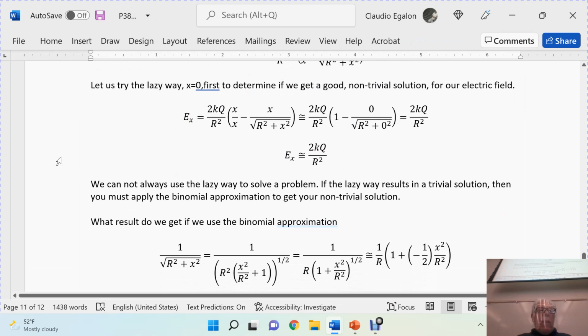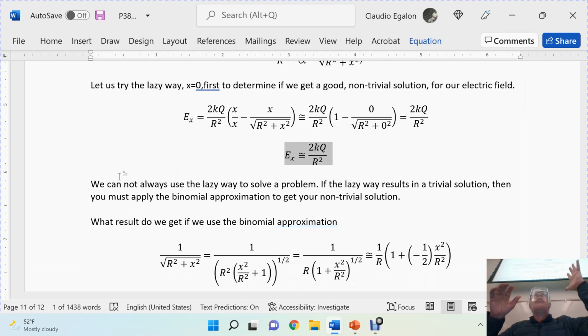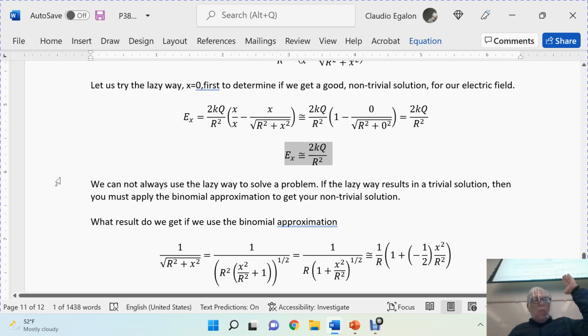So, for cases in which you are very close to a charged planar surface, it doesn't have to be a disk. It can be a square, can be whatever you want. Provided you are very close to the surface, you can say that the electric field is going to be uniform.